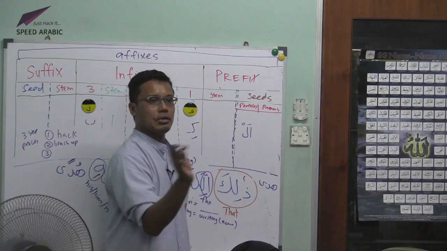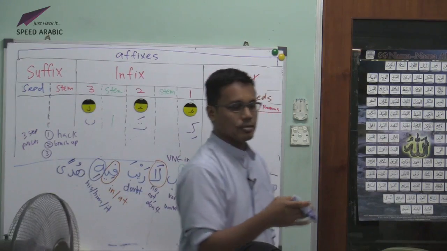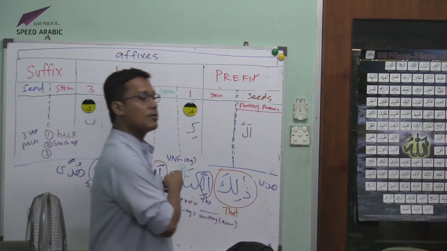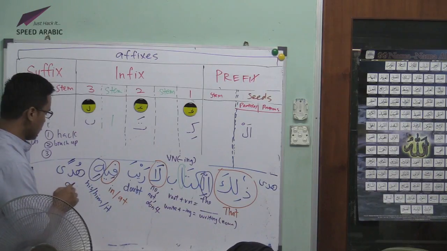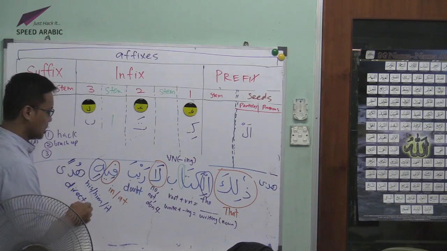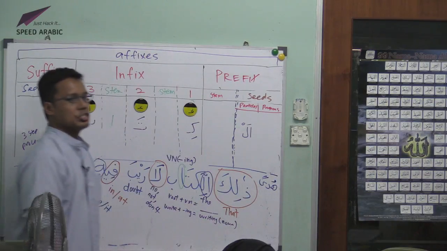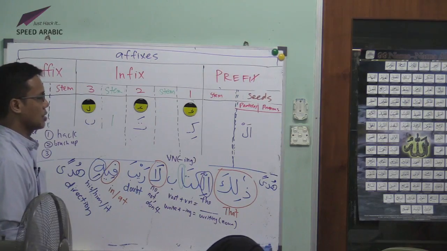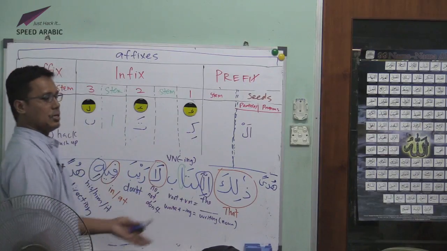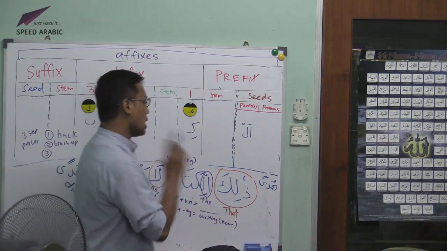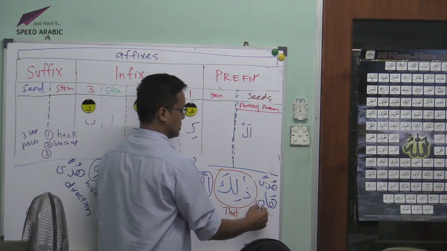And then when you scroll, you will see Hudan, right? What is written there? Direction, right? So you just write here direction. So the root is Hadaya.